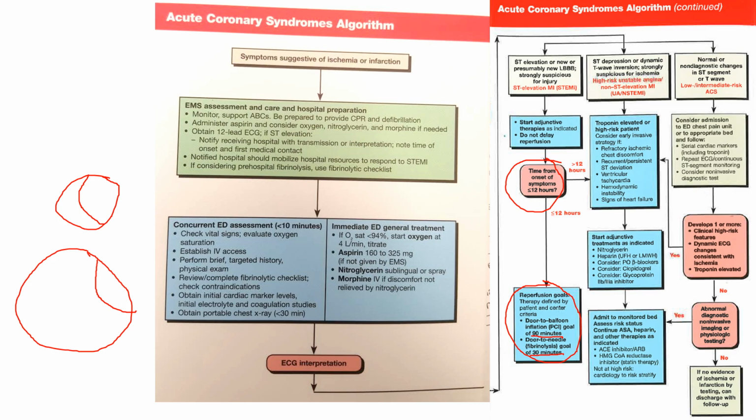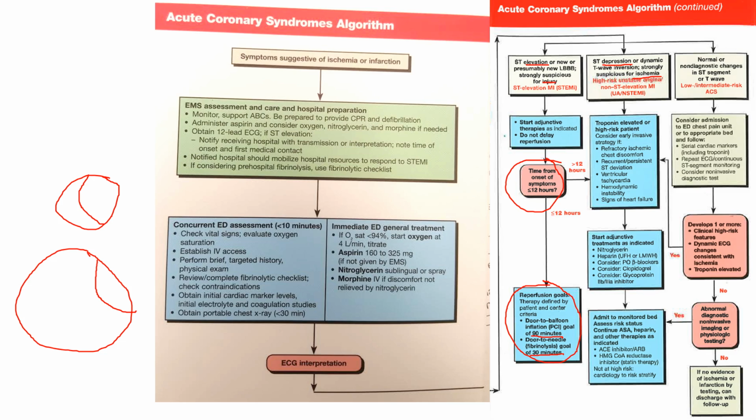Now going over here, what if it wasn't an ST elevation? What if it was an ST depression or a dynamic T-wave inversion? So instead of the T-wave going the direction it's supposed to go, it goes the other way. Strongly suspicious for ischemia. STEMI was injury; this one's ischemia.